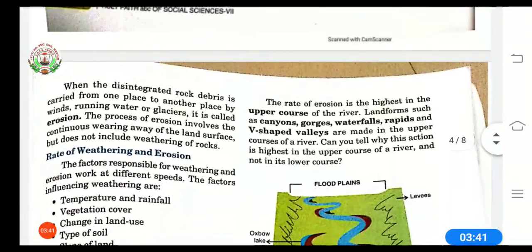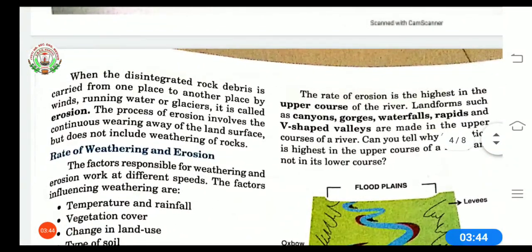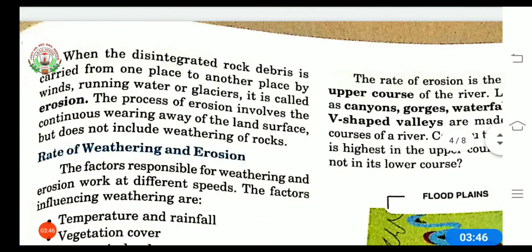Now, when the disintegrated rock debris is carried from one place to another by winds, running water or glacier, it is called erosion. After facing weathering, the rocks have converted into disintegrated rock or debris.